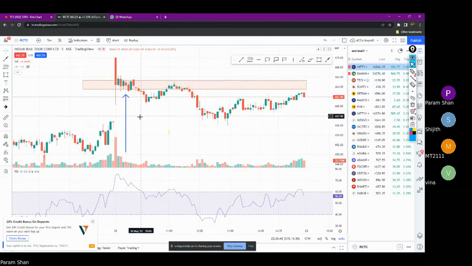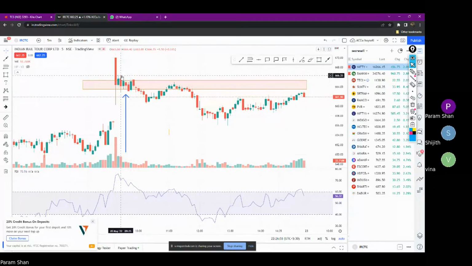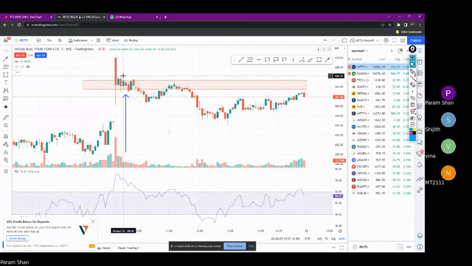If you keep it exactly above this line, then you're missing this profit, right? So take the nearer one which has the higher portions and keep that as a stop loss. If you have taken a buy position, keep this as a stop loss. If you have taken a sell position, keep this as the stop loss. That will be a safer place.